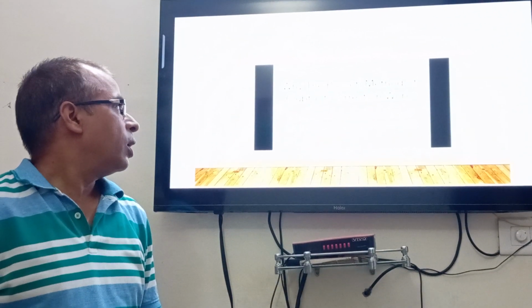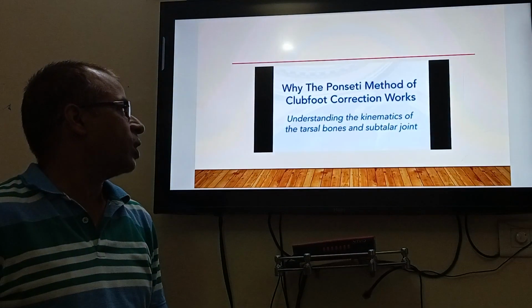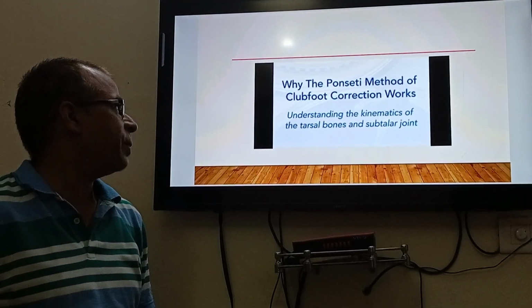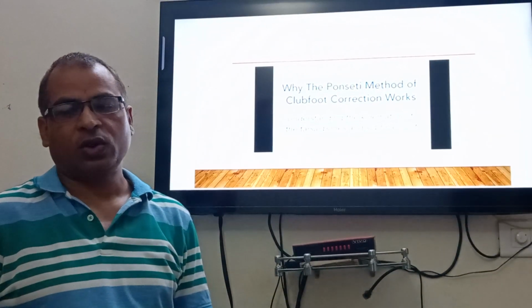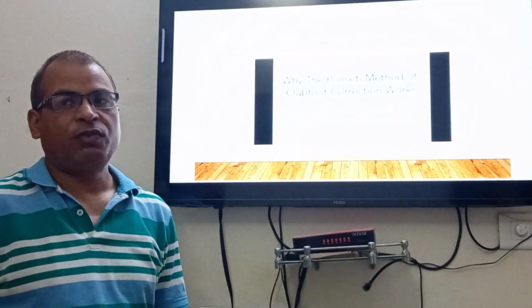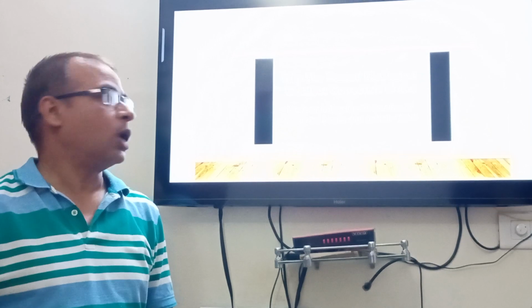So a complete understanding of the kinematics of the tarsal bones and subtalar joint is needed for the correction of the different deformities of the clubfoot.